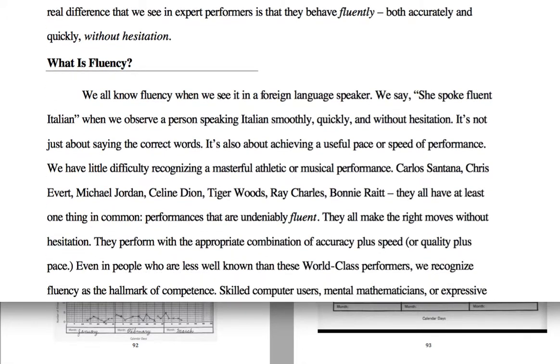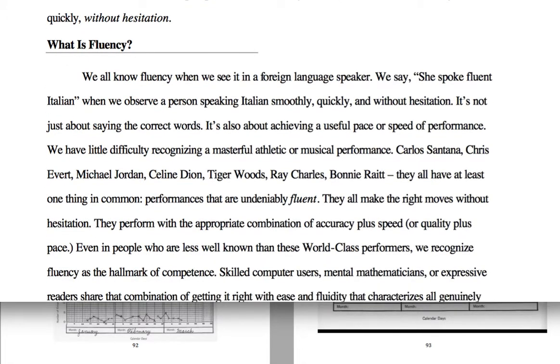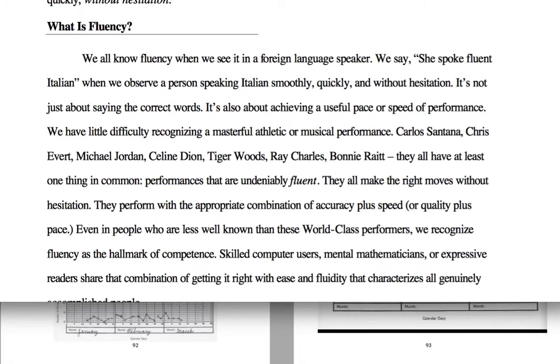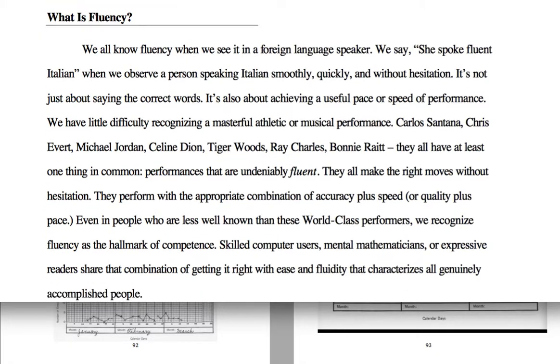Now, what is fluency? We all know fluency when we see it in a foreign language speaker. We say, she spoke fluent Italian. When we observe a person speaking Italian smoothly, quickly, and without hesitation, it's not just about saying the correct words. It's also about achieving a useful pace or speed of performance.